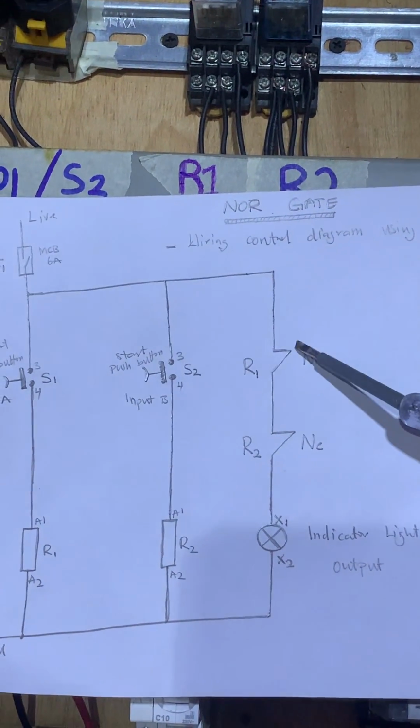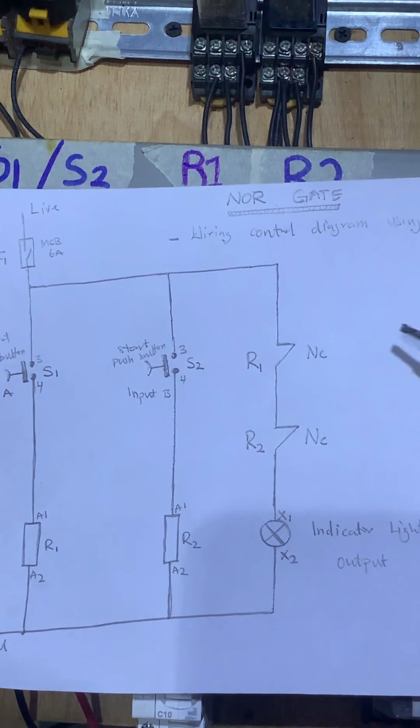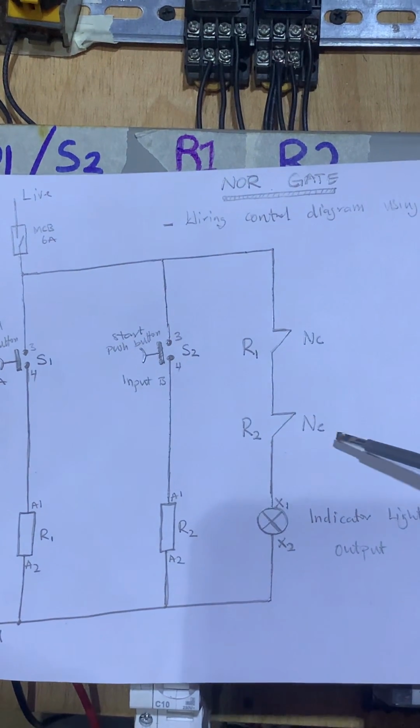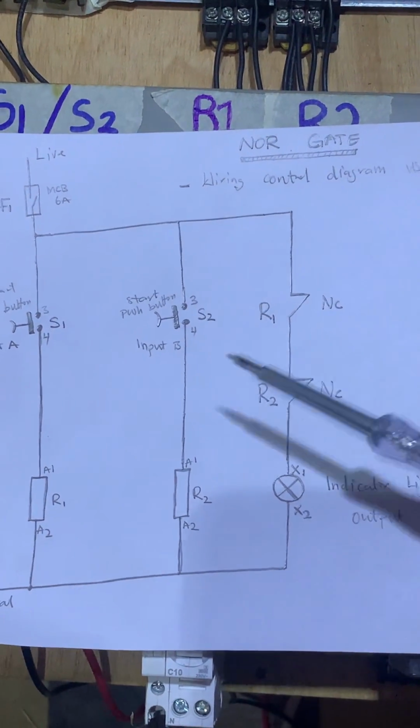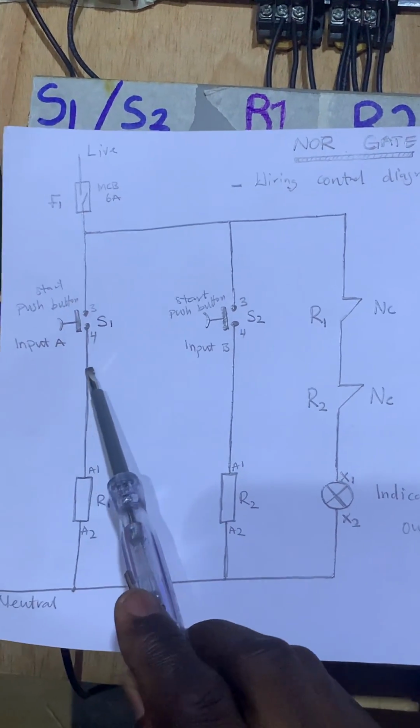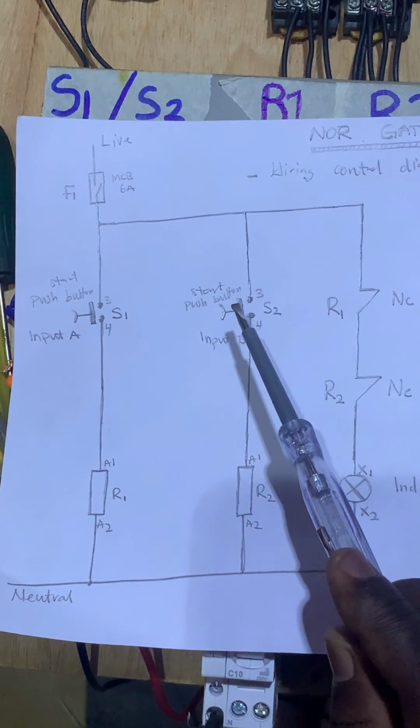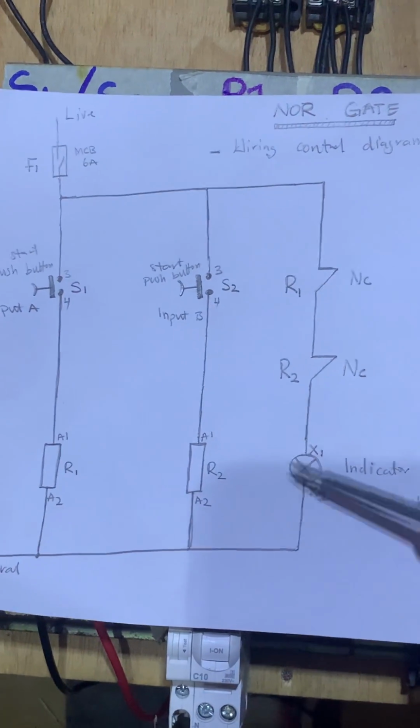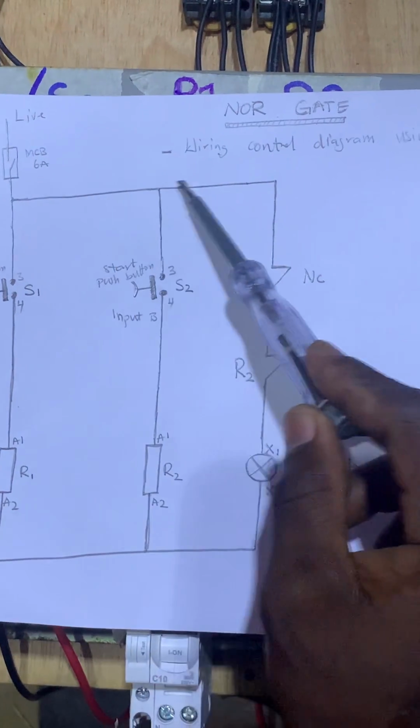Relay 1, the normally closed contact of relay 1 is here, and the normally closed contact of relay 2. So at this point, when the input is at 0, low or false, this bulb will light because the current flows from here.